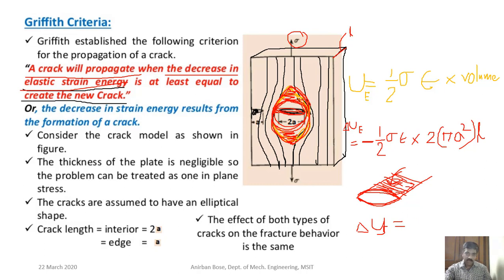what is that area? First of all, calculate that. Let us consider gamma S is the specific surface energy, that means surface energy per unit area which is required, multiplied by the area. What is the area? Approximately this length from here to here is 2a, right?